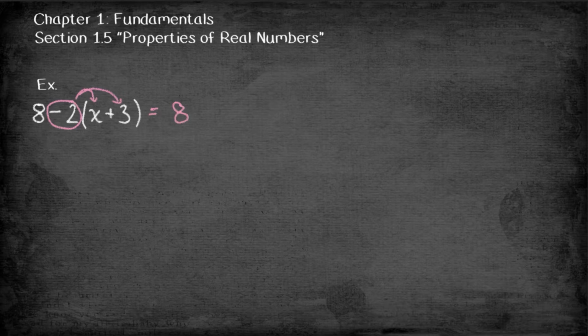So we haven't done anything to the 8 yet, but when we distribute this minus 2, we're going to have negative 2x, because negative 2 times x, different signs, makes them negative. Negative 2 times 3, different signs, negative. And then we simplify. And the only like terms that I see are the two constants. So 8 minus 6 is 2. And we're left at the end of the day with 2 minus 2x.